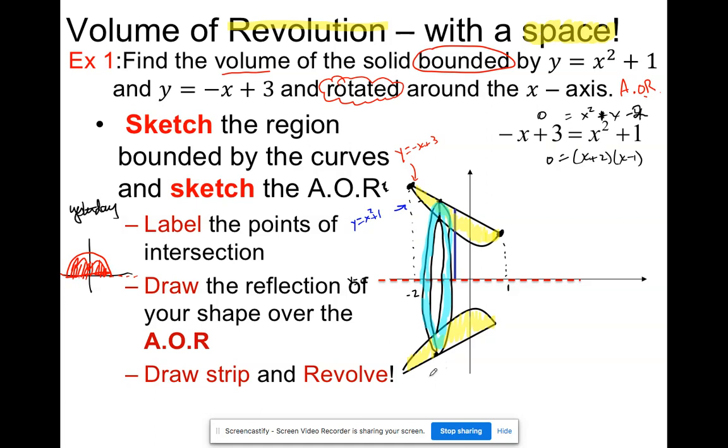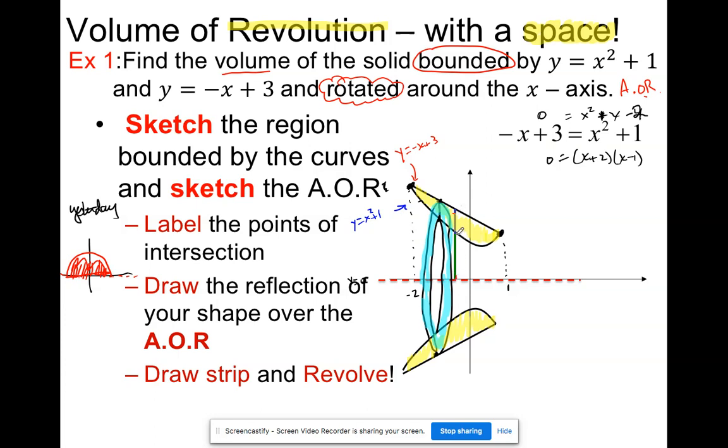Well, what if you didn't have an empty space? What would the radius of the large circle be? Going from the axis of rotation up to the line y equals negative x plus 3. What about the radius of the hole? So the long line was the radius of the donut.